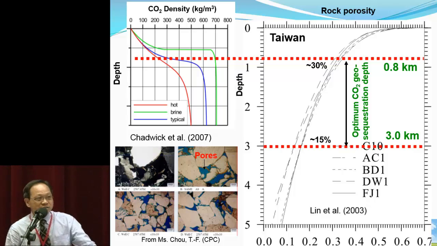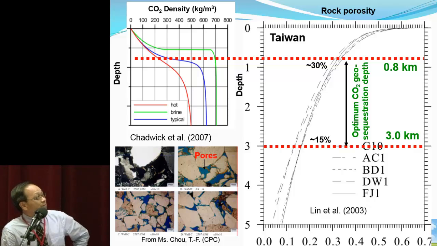So, a brief introduction on CO2 geosequestration. For example, this diagram shows the rock porosity with increasing depth, for example from 1 kilometer to 5 kilometers. The horizontal axis is the porosity, for example here is 70% and this is 0%.